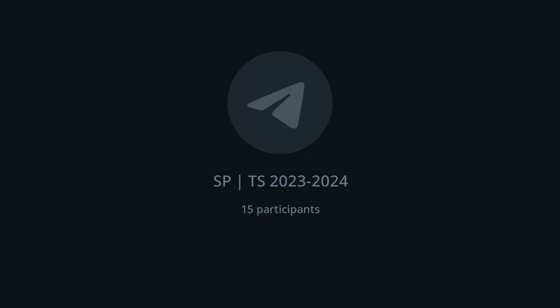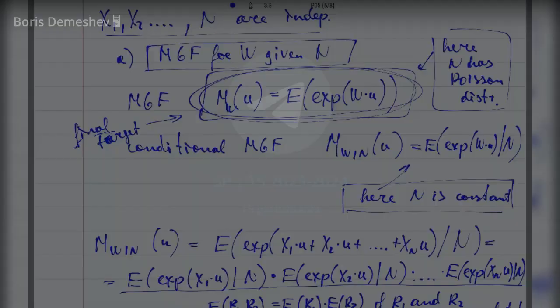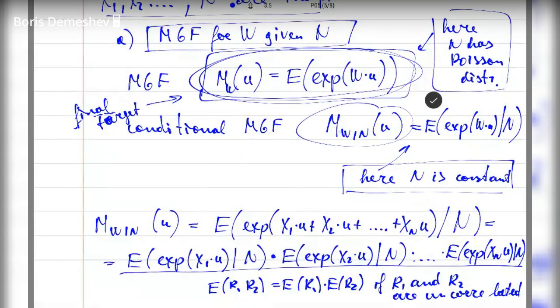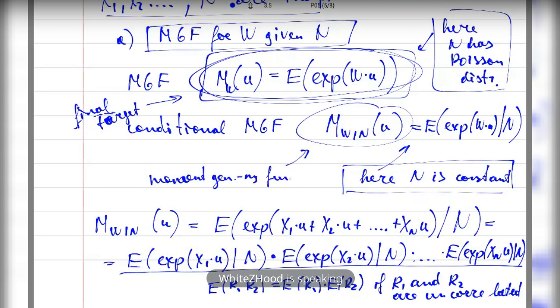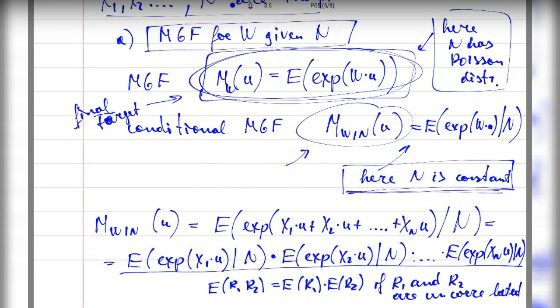But it's hard because we have two sources of randomness. N is random, every X is random. And so we go to the conditional MGF, the moment generating function of W given N. Yeah, I remember this function now. Here N is no more random. It's fixed. It's a constant.